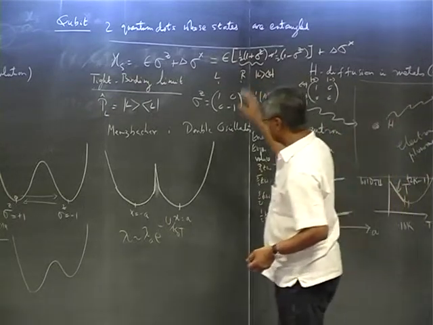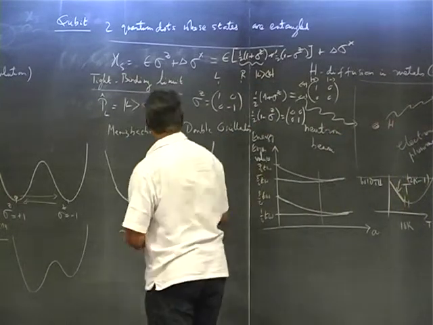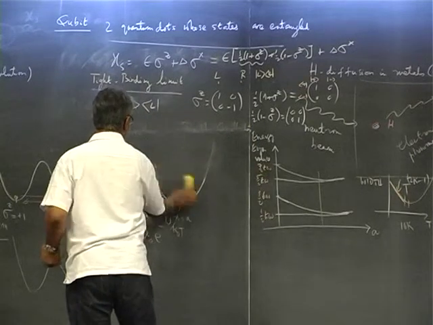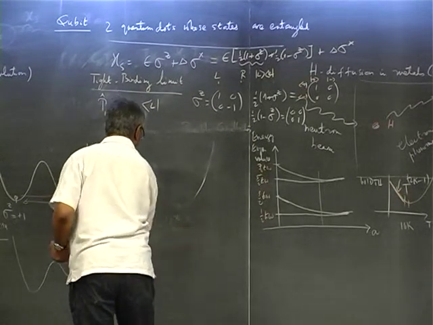So I can therefore equivalently write down that Hamiltonian in the following form.